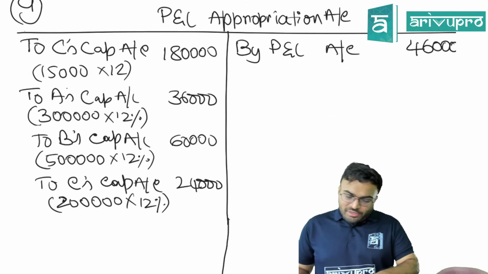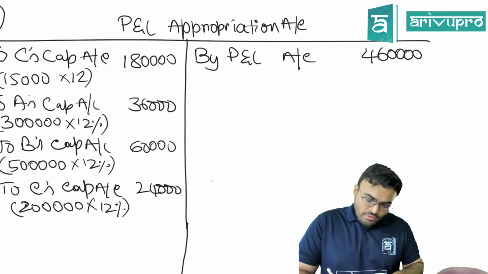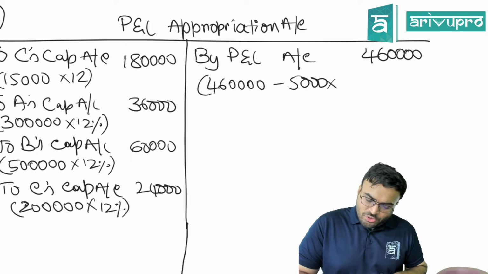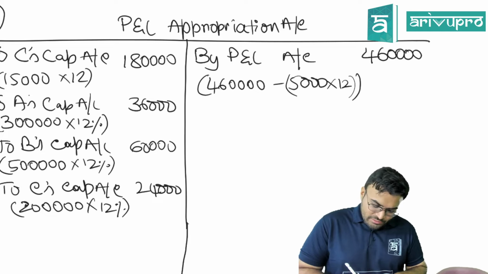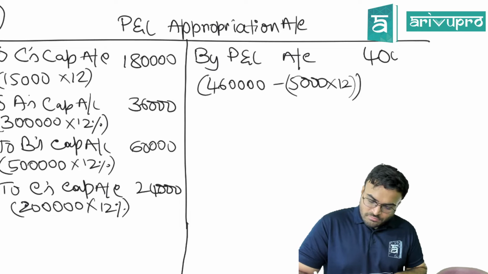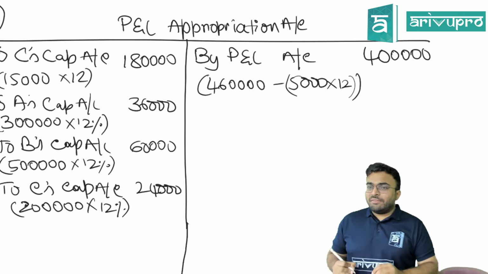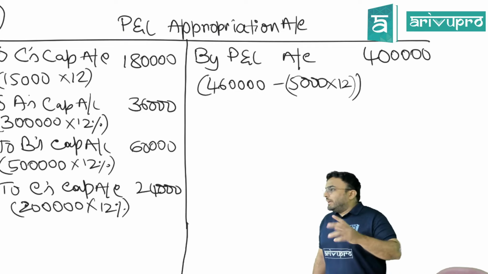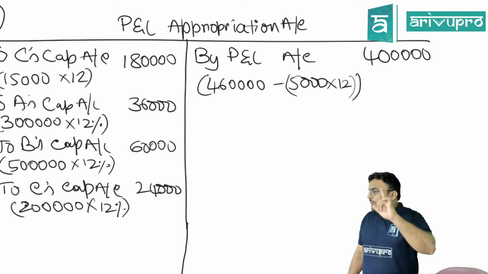So what we can do over here is 4,60,000 minus 5,000 into 12. So you can take directly 4 lakhs over here. I hope you're clear with this. Are you getting this? Didn't get it. Right? Yeah, they should have passed it.